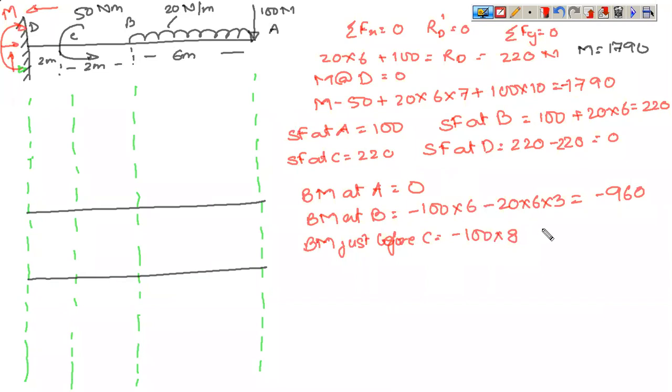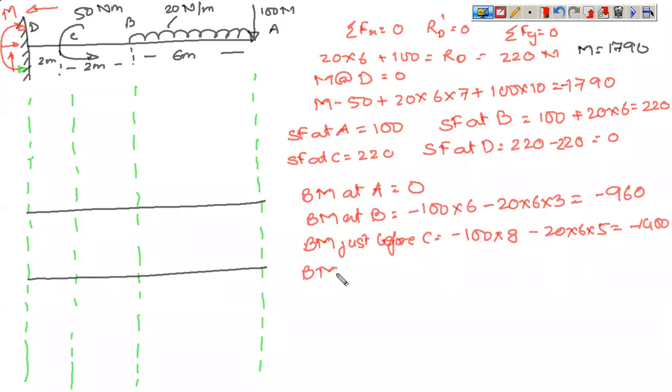Minus 100 into 8 minus 20 into 6 into 5. So how much is this? 800, then 120 into 5 is 600, 600 and 800, minus 1400.